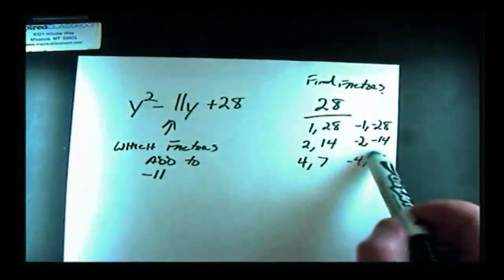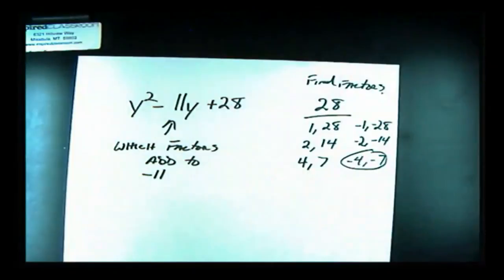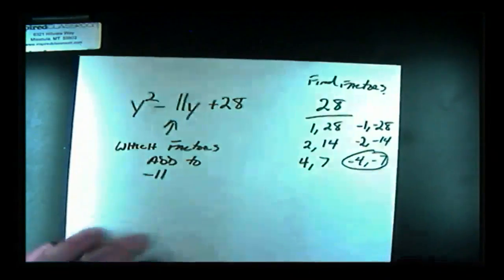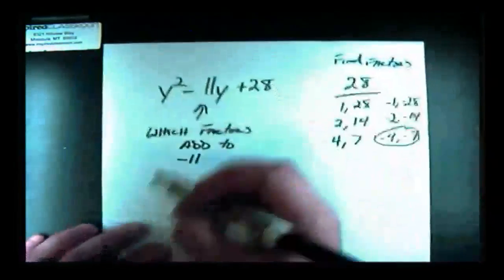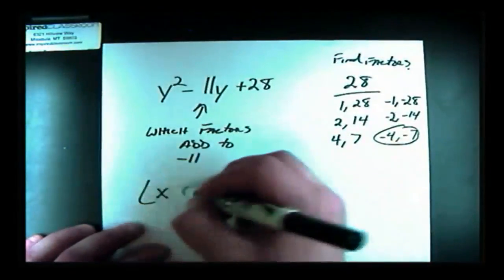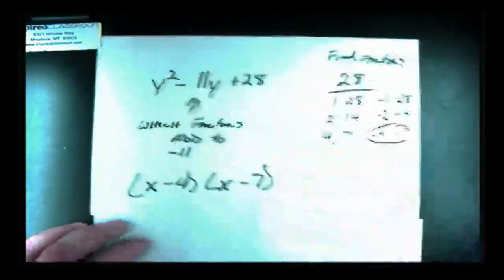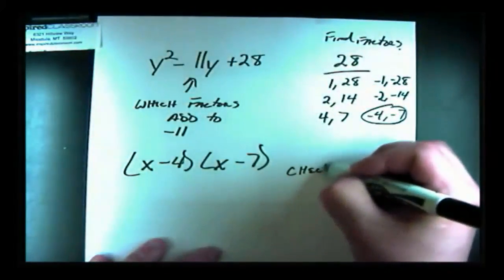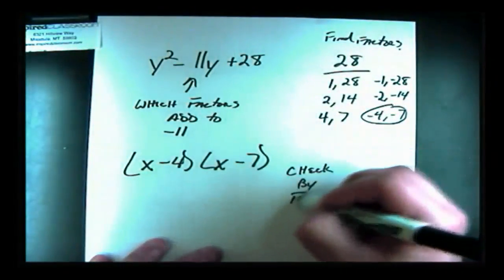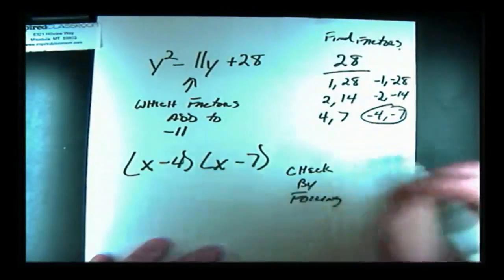And I'm going to go with -4 and -7. -7 plus a -4 is -7 minus 4, which equals -11. So here are my factors: x minus 4, x minus 7. Check by foiling.